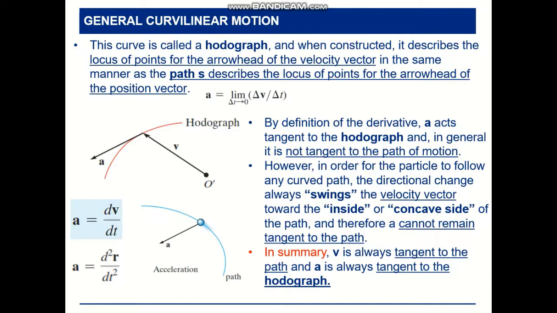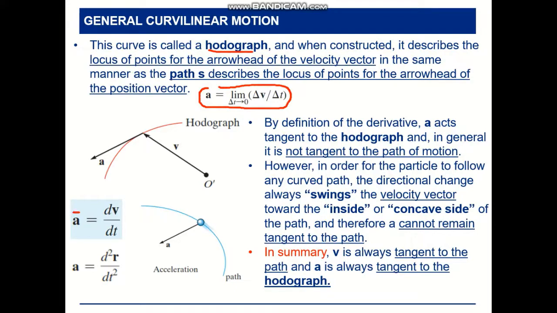This curve is called a hodograph, and when constructed, it describes the locus of points for the arrowhead of the velocity vector, in the same manner as the path describes the locus of points for the arrowhead of the position vector. With this hodograph, we again take the limit as delta t goes to 0 of delta v over delta t, which is again the derivative.